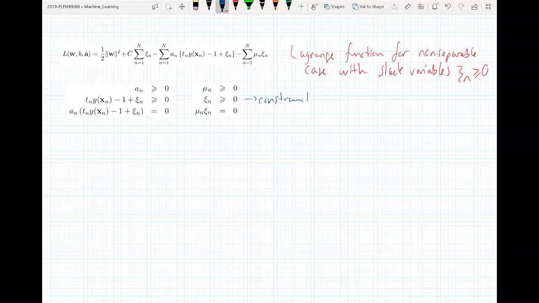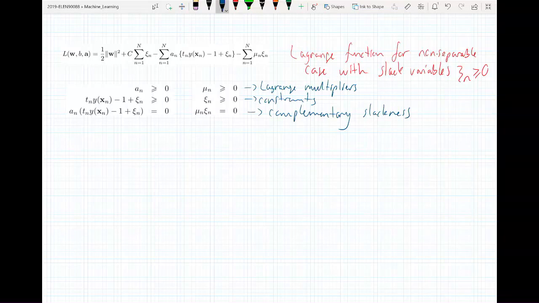Constraints. This row is the Lagrange multipliers. They need to be non-negative because they correspond to inequality constraints, and then these are the complementary slackness conditions. But we don't have the now. I haven't written the whole KKTs, right? This is just part of the KKTs.